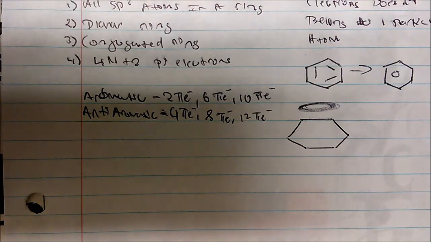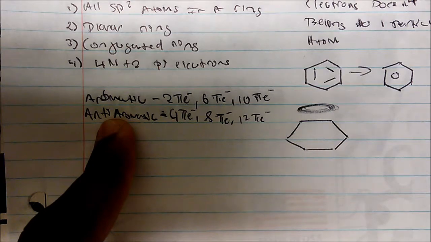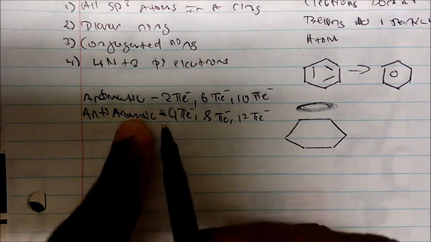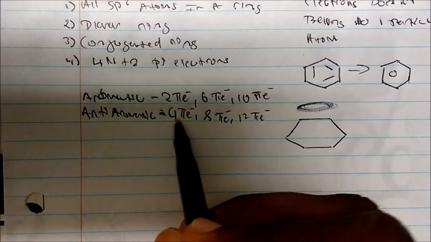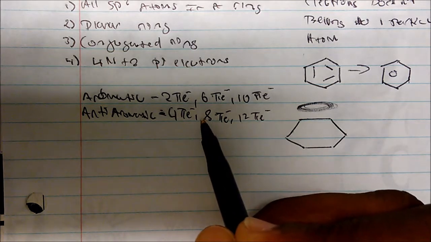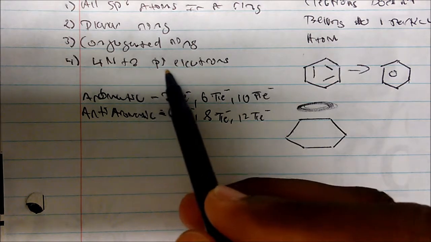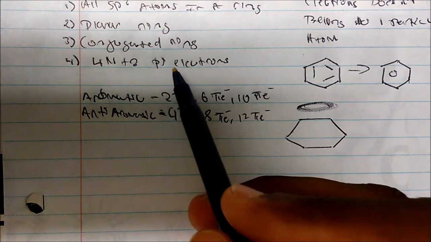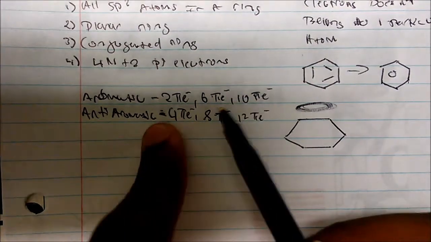All right. Now, the only rule that anti-aromatic compounds do not follow is the 4n plus 2 pi electron rule, which means that instead of having 2, 6, 10, it has 4, 8, 12.